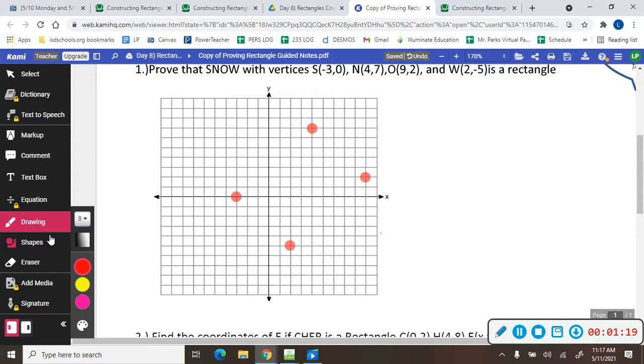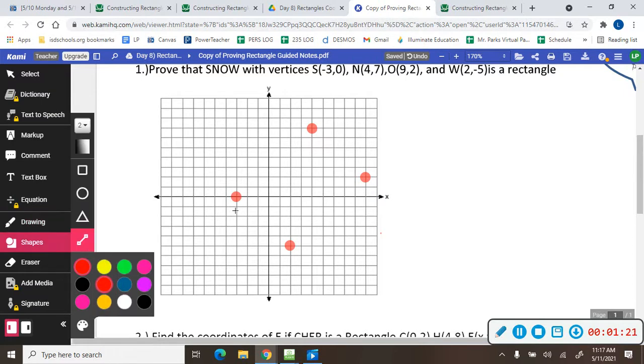The first thing I would ask myself is, does it look like a rectangle? First I need to show that we have a parallelogram by showing that these two are parallel, which they look to be parallel. And then I also need to show that these are parallel, the pinks.